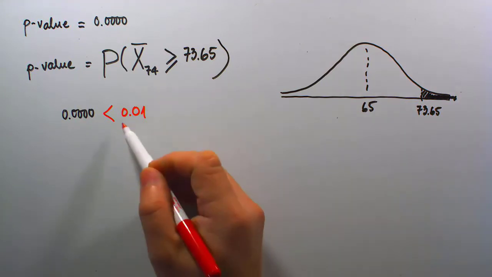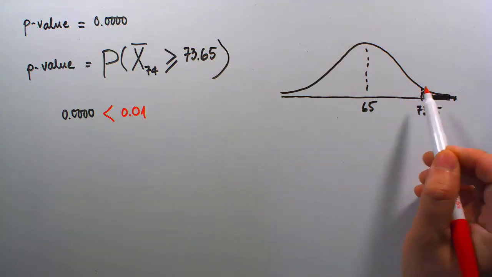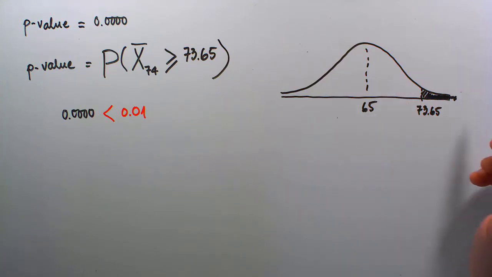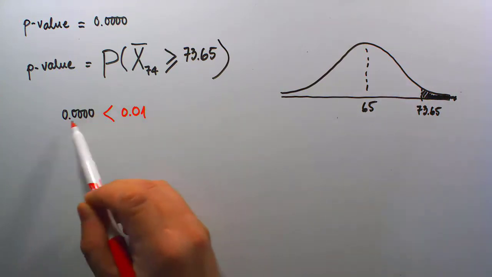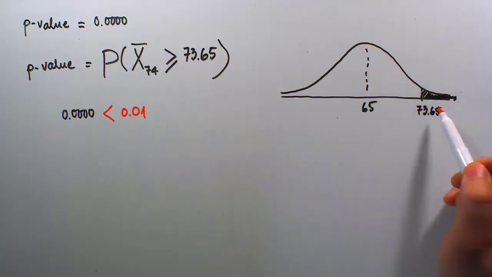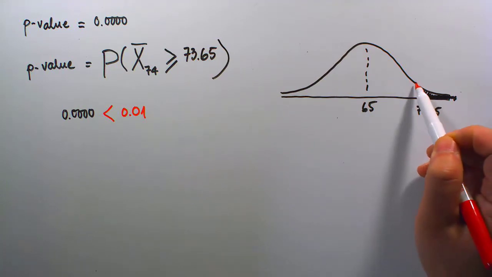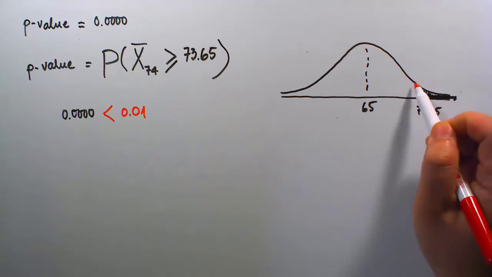But now 0.01 is the amount of unlikely area to the outside of the common area to the right tail. And since the p-value is being smaller than the significance level, that means if I would blend in the right tail area, the right tail unlikely area on this bell curve, then the picture would look like this.